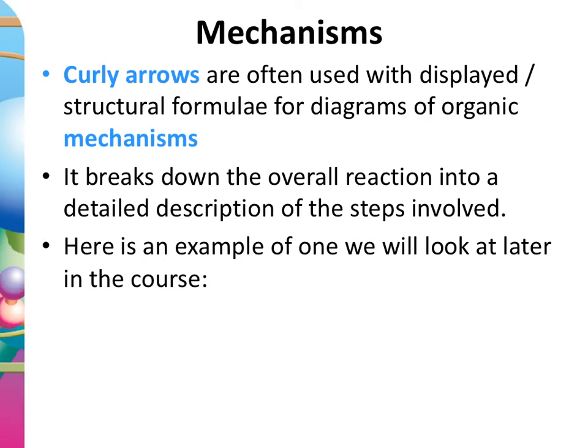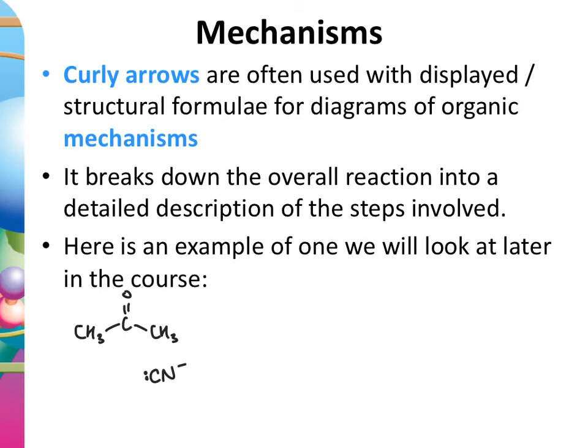So I'm going to react a ketone. I'm going to have propanone because that's fairly straightforward. There's my propanone, and it's going to react with cyanide. And cyanide is an ion.